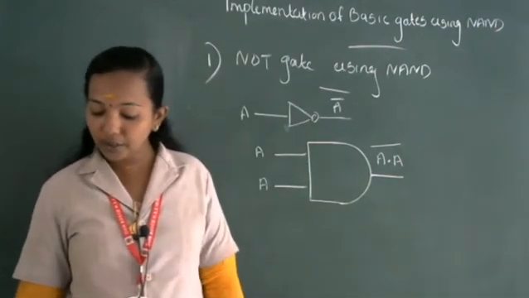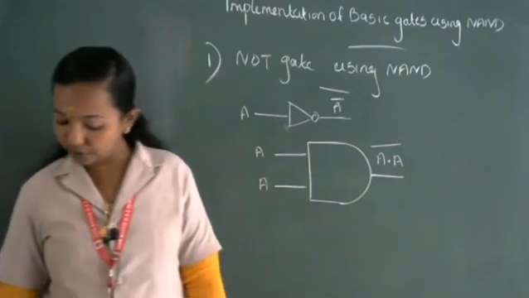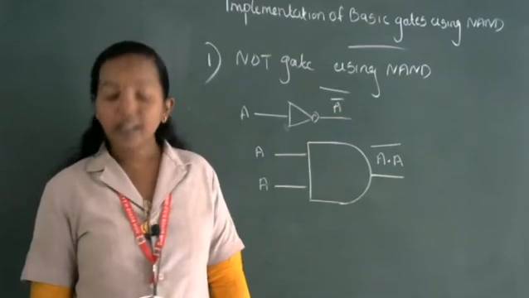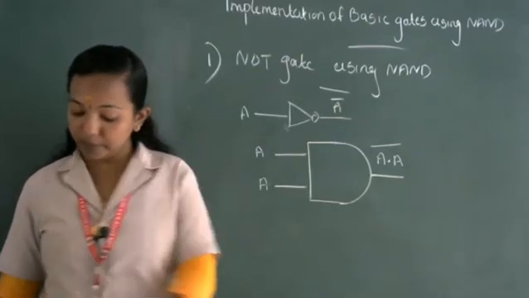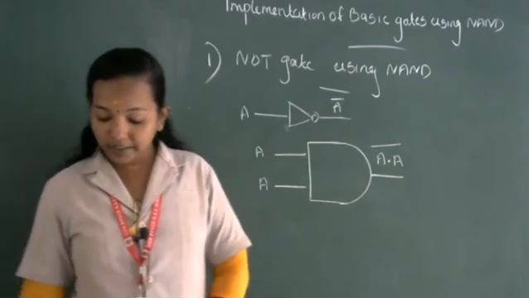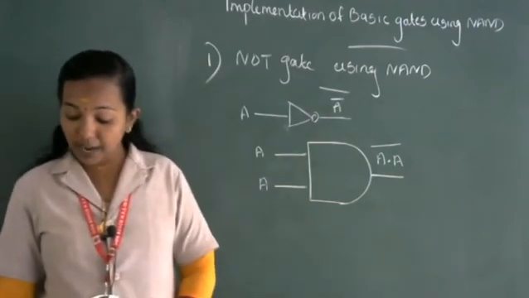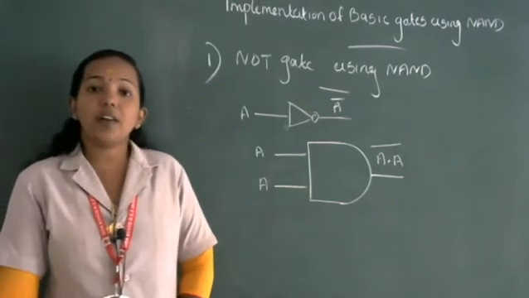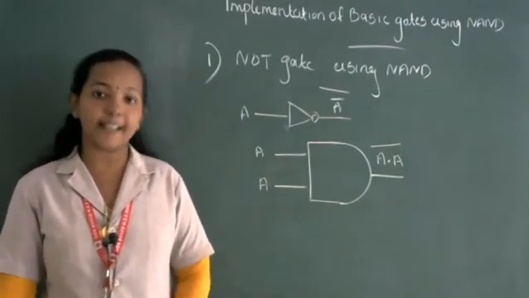You already know the basic theorems of Boolean algebra. In the basic theorems of Boolean algebra, we already studied the idempotency law. What is the idempotency law? It states that x dot x is equal to x.